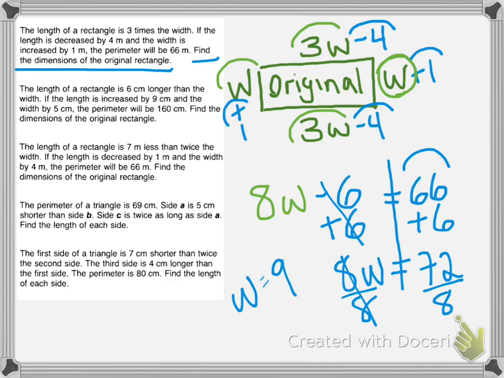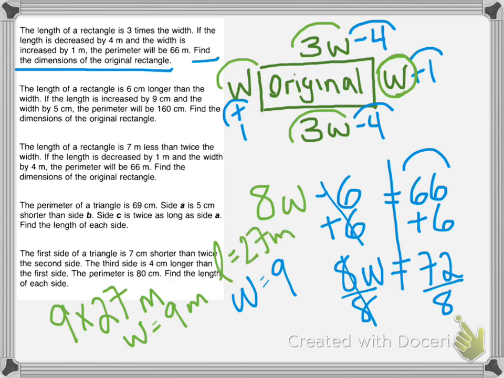So my final answer, which I could write in several ways. Let me write it down here. I could write 9 by 27. Don't forget your units at this point. We can write meters, or you can write W equals 9 meters, L equals 27 meters.